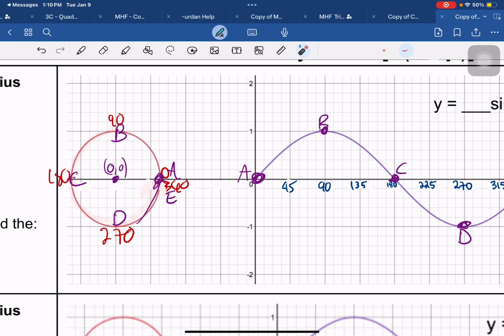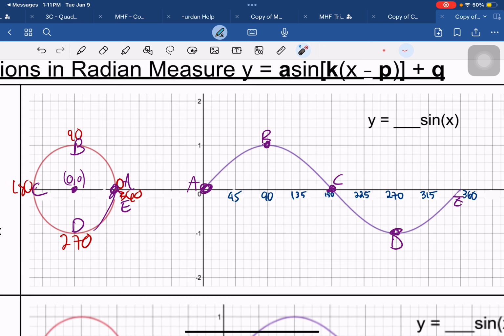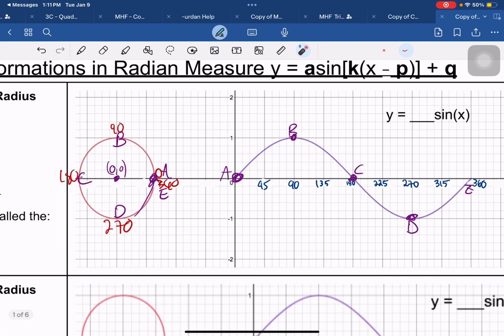That would be 720 if I revolve around it twice, etc. And of course, I can also revolve backwards. If I did that, I would be going down to here, right? And it would look like that. Okay, so that's your basic graph of sine x. I do need to reinforce that before we go ahead and do transformations.